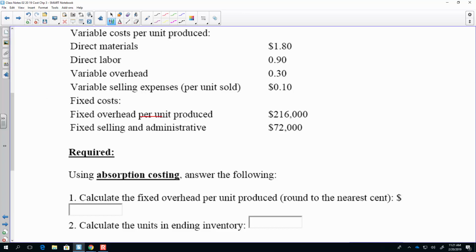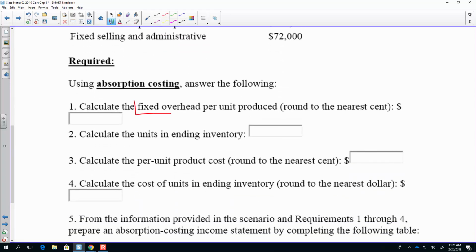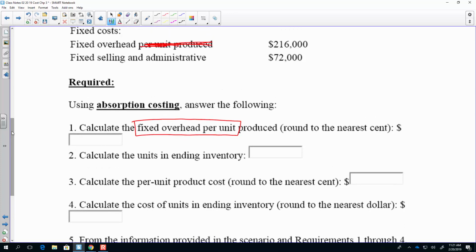Question 1, what is the fixed overhead per unit? What do I need to do? Divide. Which two numbers, Eve?